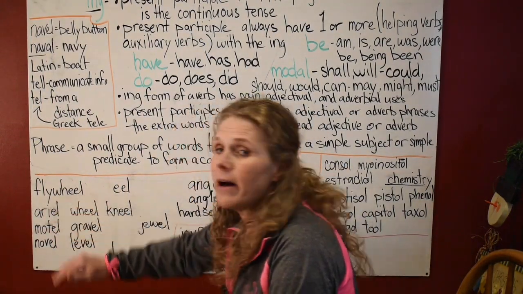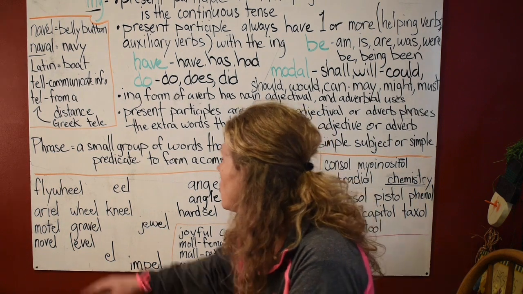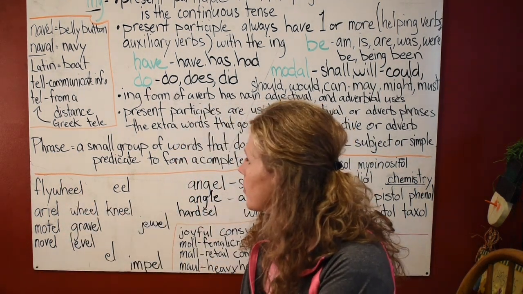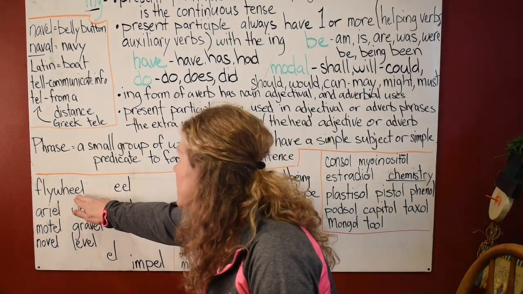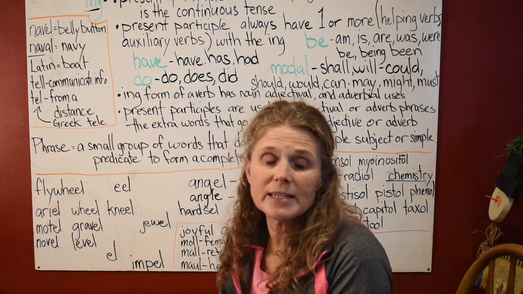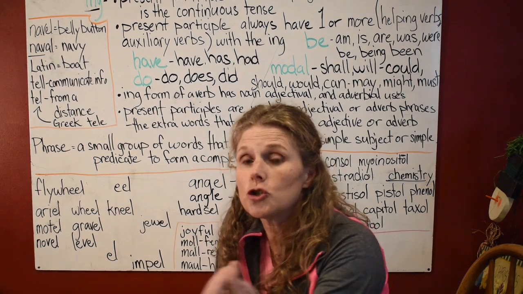Okay, so we're going to come down in here and we have flywheel. Is this a vowel L? Now vowel L's are closed syllables. So is this a vowel L? Is it a closed syllable in flywheel? It's not. This is a vowel team. And you hear wheel. So you're going to be able to break things apart and say the correct word. So now remember, your vowel L syllables turn to schwa.